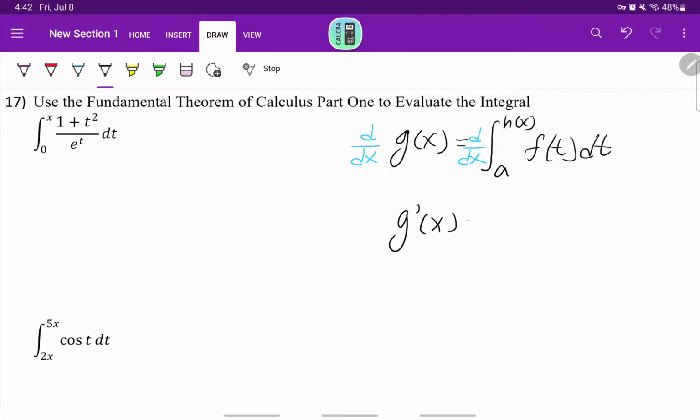G prime of x will be equal to, now, the integral and the derivative, they're inverses of each other, so they should cancel out, leaving you with the inside function with just some modifications. Now, I want to give you the shortcut version of it. That is going to equal f of h of x, and that's going to be multiplied with the derivative of h of x.